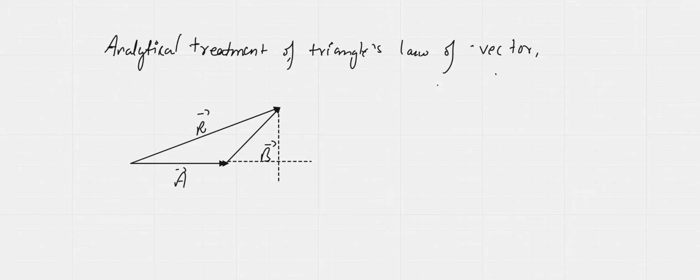Is that clear? So this is a vector B. So yeah, this is perpendicular. Okay, is that clear, Bhavna?